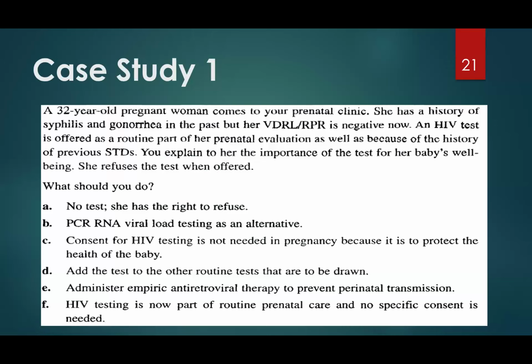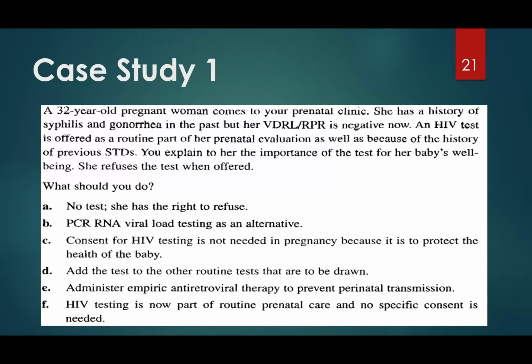The last case was about a 30-year-old pregnant woman who came to your perinatal clinic. She has a history of syphilis and gonorrhea in the past, but her VDRL is negative now. An HIV test is offered as a routine part of her perinatal evaluation, as well as because of the history of previous sexually transmitted diseases.